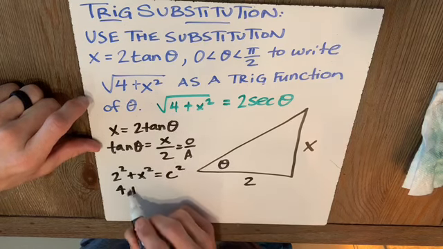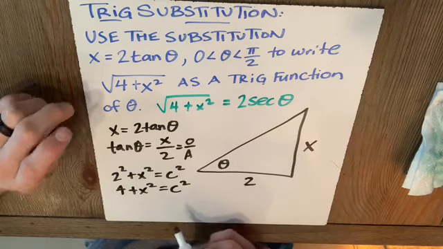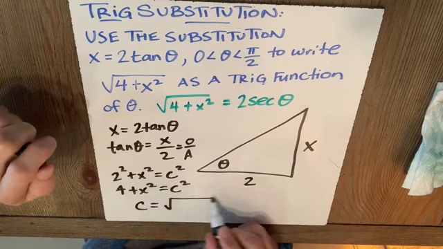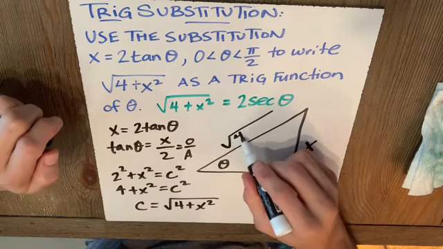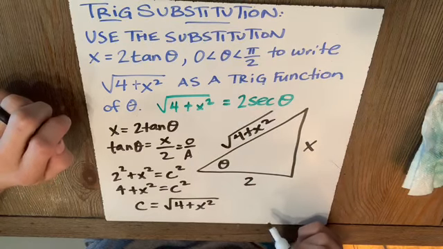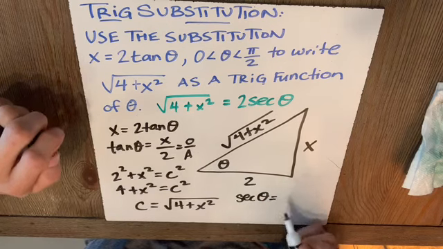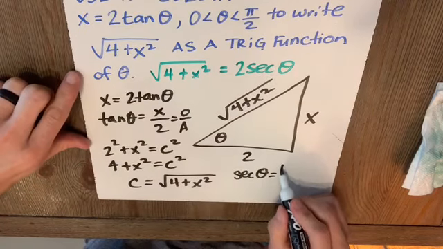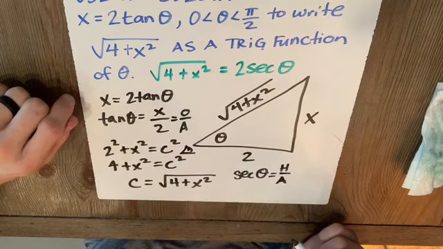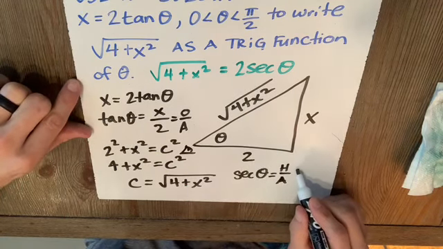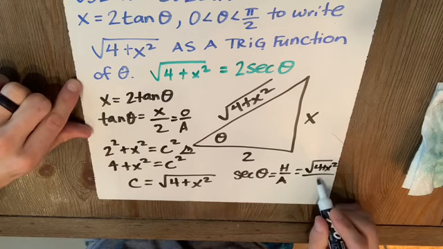So 4 plus x squared equals c squared. And we know that the hypotenuse there is always going to be positive. So c is equal to the square root of 4 plus x squared. So secant of this angle, remember, is going to be hypotenuse over adjacent. If we put our eyeball looking through that angle, hypotenuse is the square root of 4 plus x squared, and adjacent is 2.